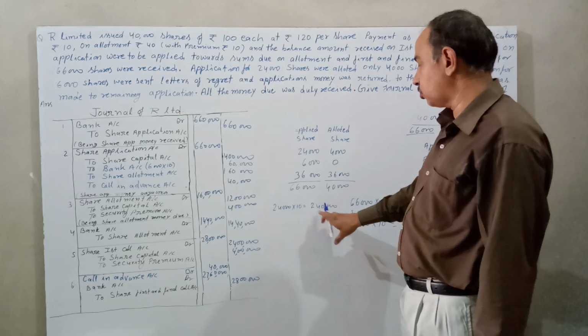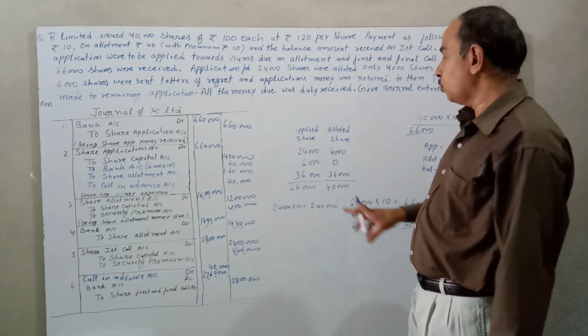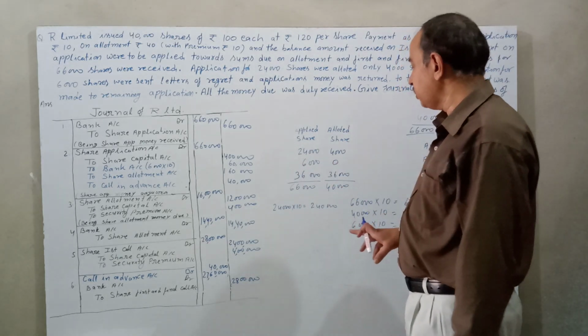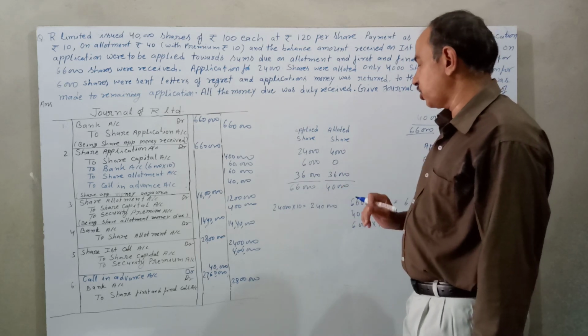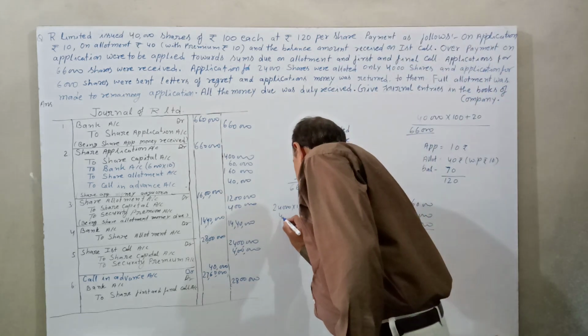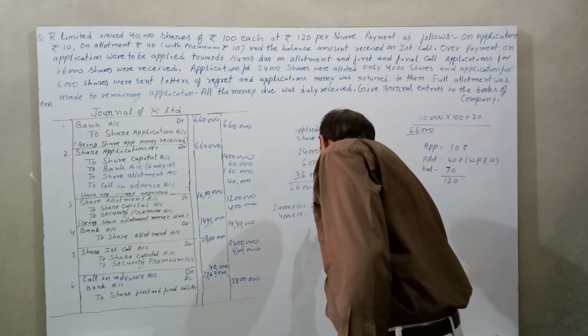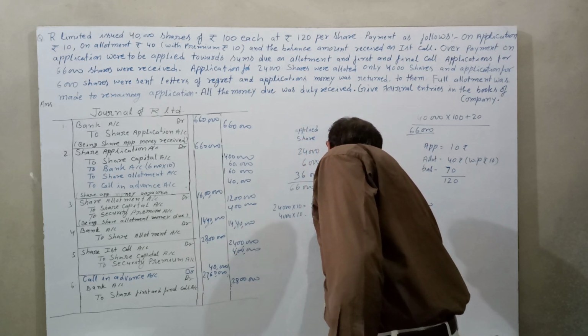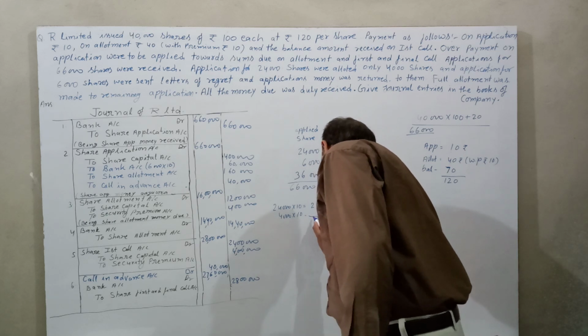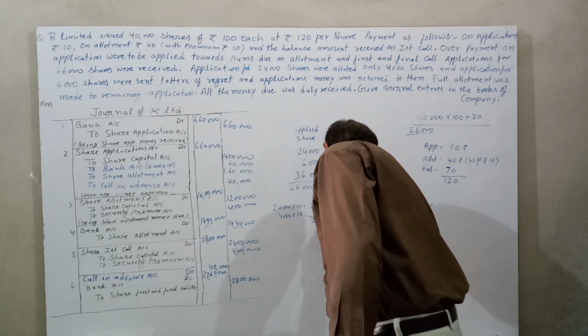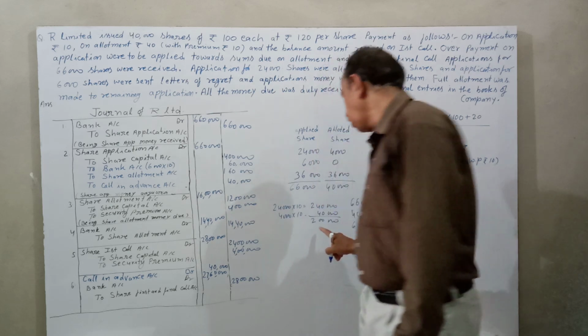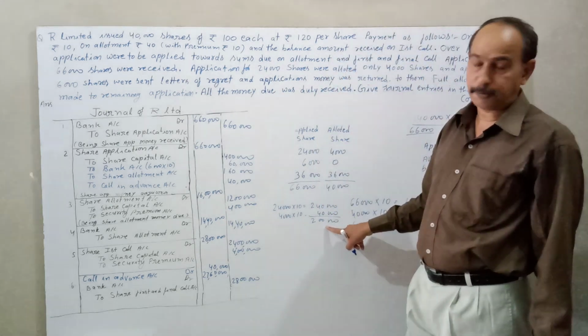This 2,40,000 rupees was given by the shareholders who applied for 24,000, and the company gave only 4,000 shares. The value of 4,000 shares is 40,000 and the remaining amount is 2 lakh. This amount belongs to the shareholders.